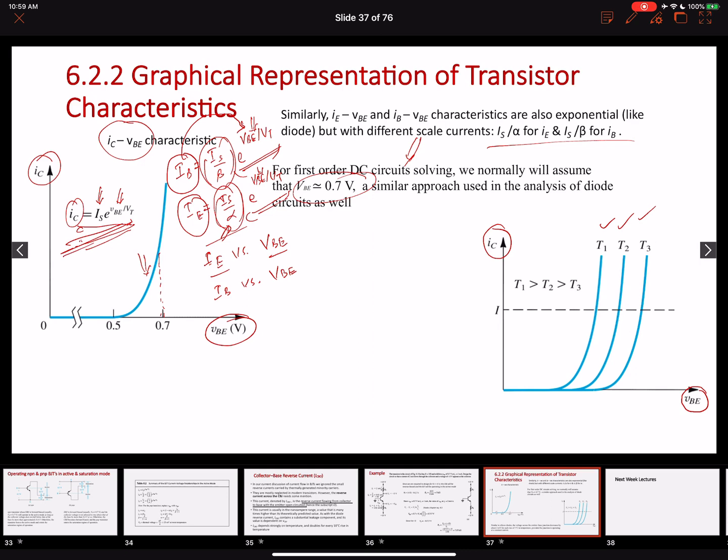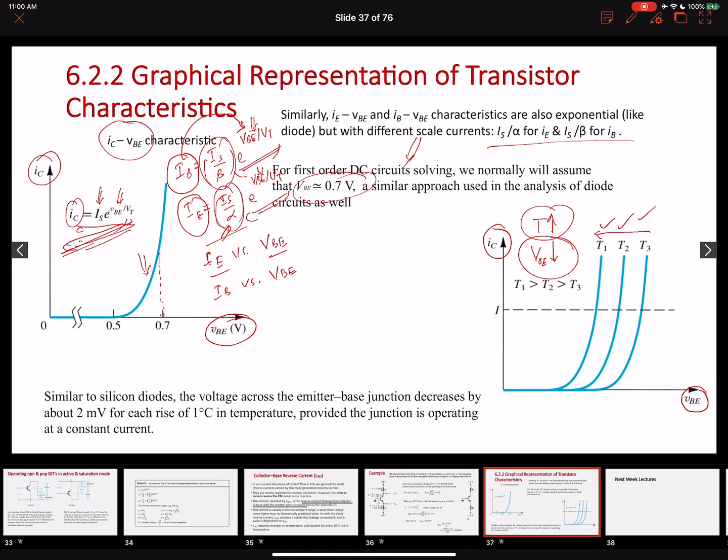But we know that the current in the emitter to base junction will depend on the temperature, and as our temperature is increasing, we see that the potential drop across that junction will decrease. So we have a kind of inverse relationship over here.